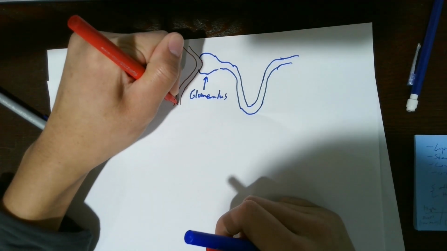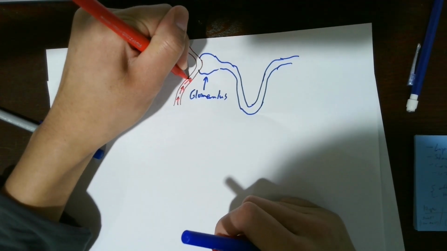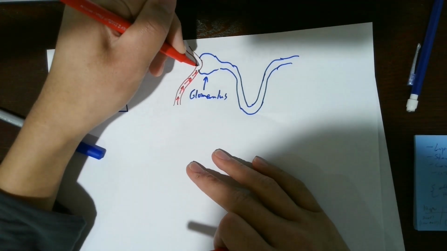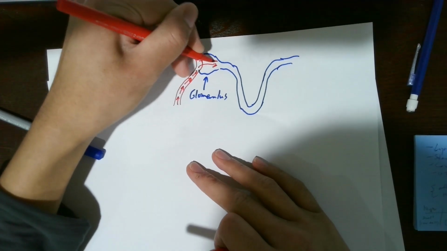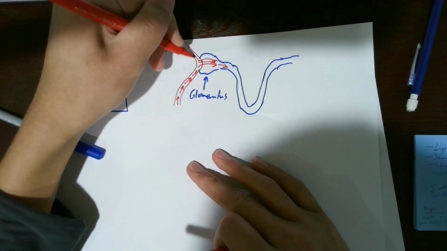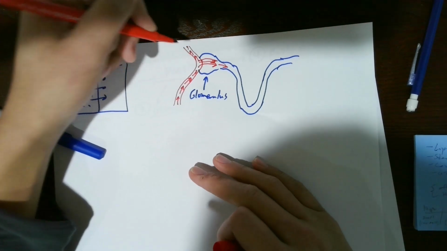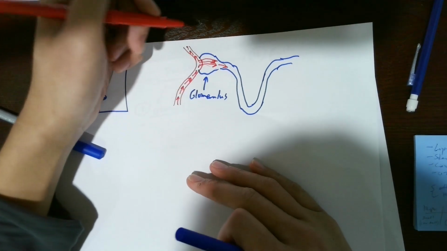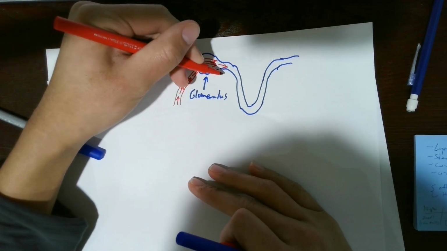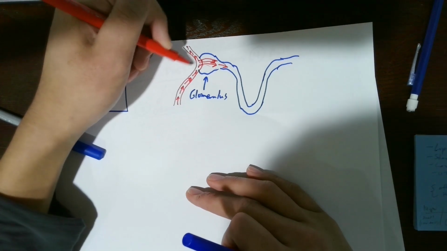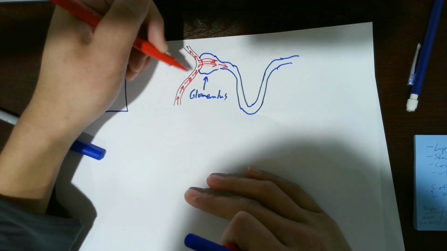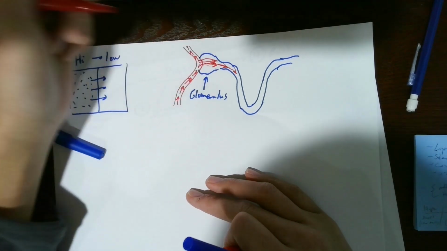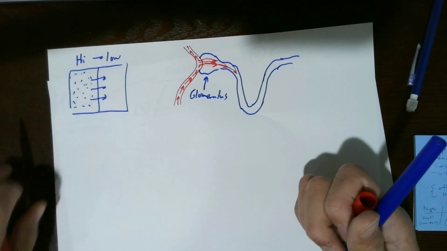When blood goes through the blood vessel and comes to the intersection at the kidney, a big chunk of the blood just shoots straight into the glomerulus, and some of it goes past the other end. So all this blood rushing into the kidney, it doesn't matter if it's water, cells, or proteins in the blood, everything is just moving in one direction, straight down the kidney tube. So that's an example of bulk filtration.